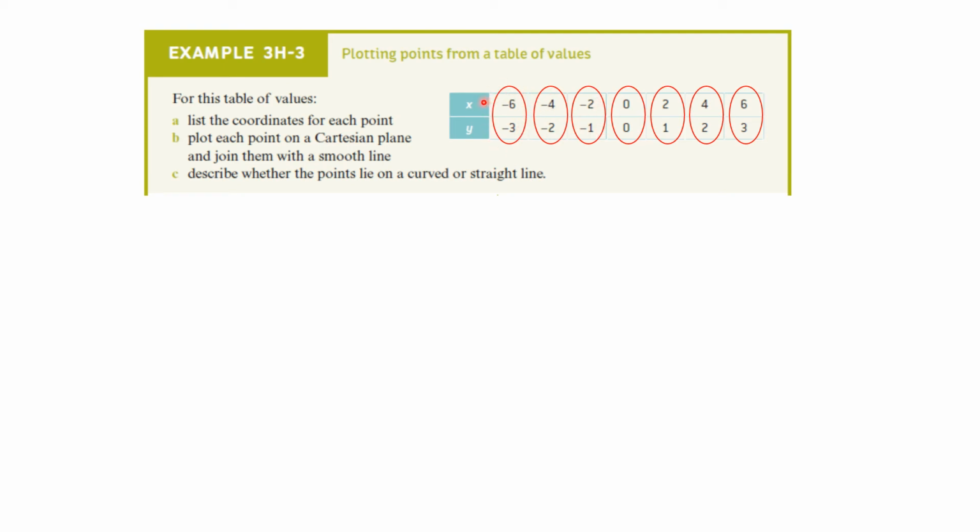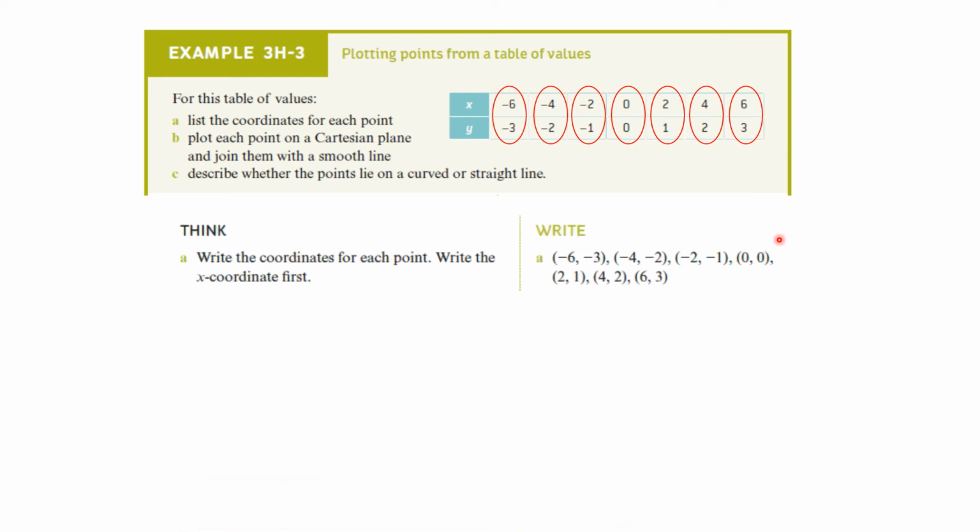I need to make sure I have an X and a Y number together. So this might help you to pair each of your coordinates. And then we list them out. So this is how we would write each of these 7 coordinates listed here.